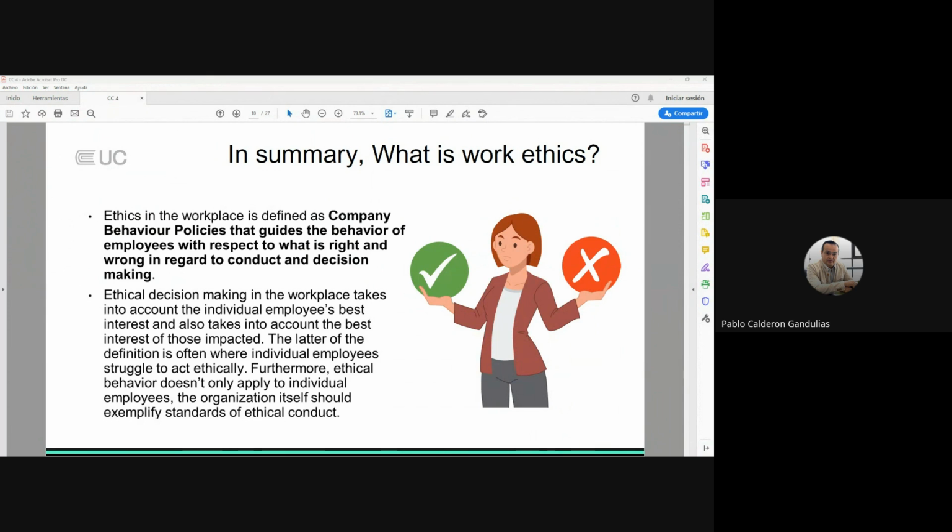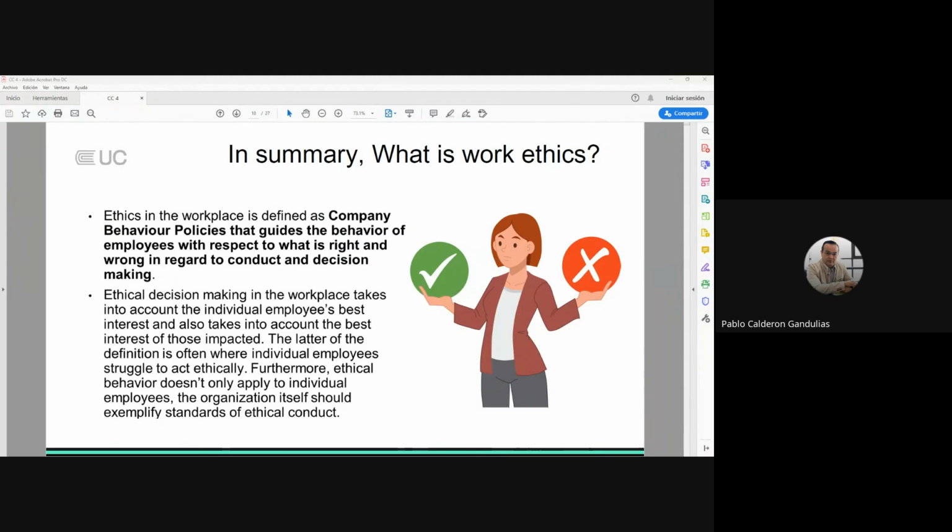In this slide, let's highlight some ideas. Okay, important to understand in summary what is work ethics. Company behavior policies, that is the set of rules a company has to guide the employees' behavior. Then a person who follows those rules is right, and one who doesn't is wrong.